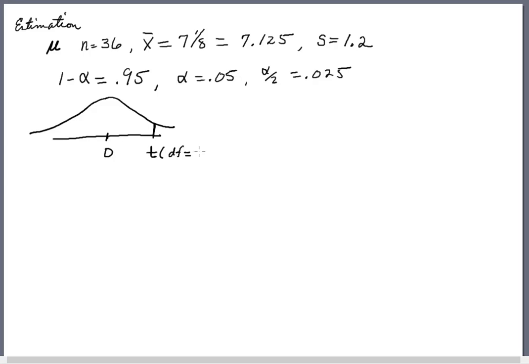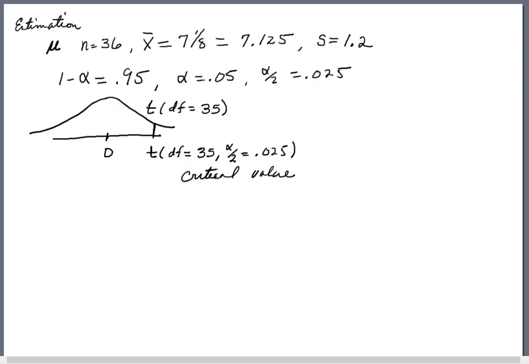Degrees of freedom would be 1 less than the sample size, so the degrees of freedom would be 35, and the alpha by 2 would be equal to 0.025, as we've just calculated above. And this would be student's t with degrees of freedom equal to 35, 1 less than the sample size. And we need to find this. This is a critical value. That's our critical value.